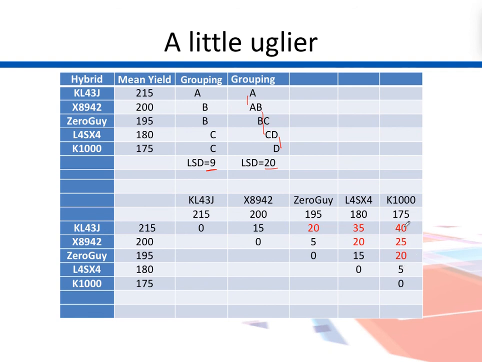So what you do is you highlight where they are different from each other. All those numbers highlighted in red mean they are different from each other. So this K1000 is different from 43J, it's different from 8942, it's different from the zero guy, except this second one. So these two are not different.